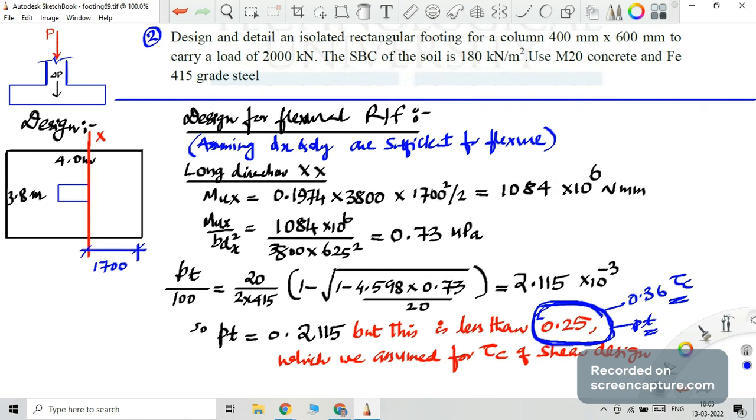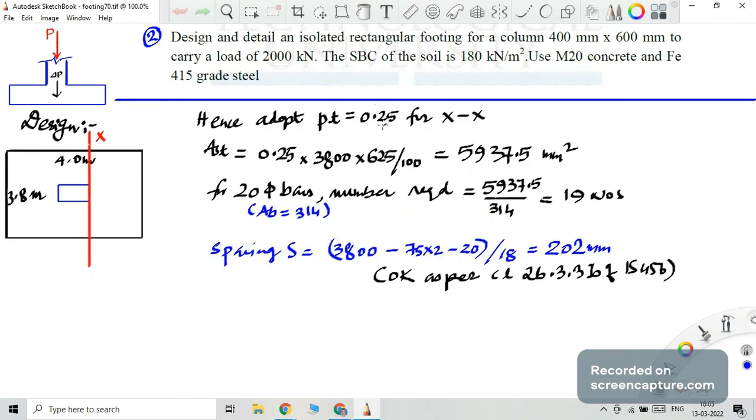But here from moment requirement, PT is only 0.2115. So we cannot accept this 0.2115, because it is okay as per moment requirement, but from the one-way shear requirement, it should be 0.25. So this 0.2115 has to be rejected, and we have to accept 0.25 for further calculation of AST. Okay, so you adopt 0.25 for this particular case.